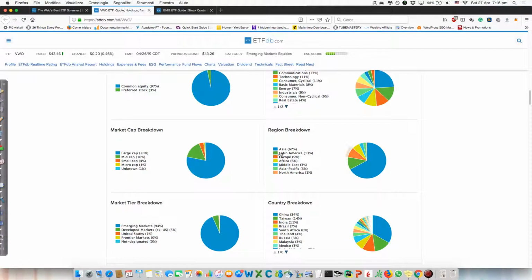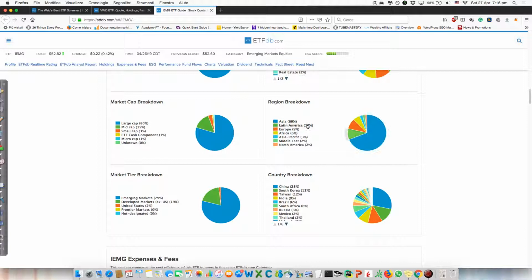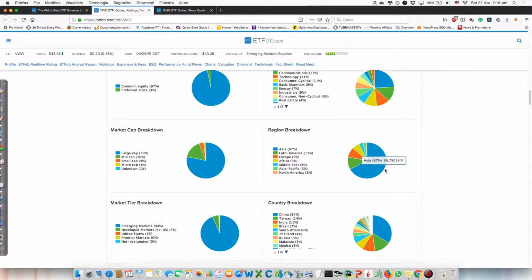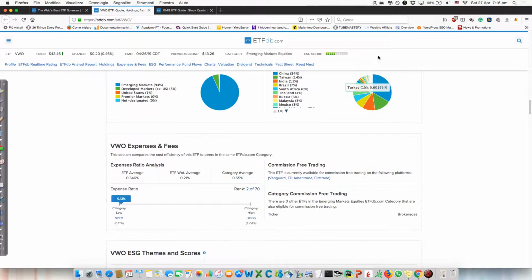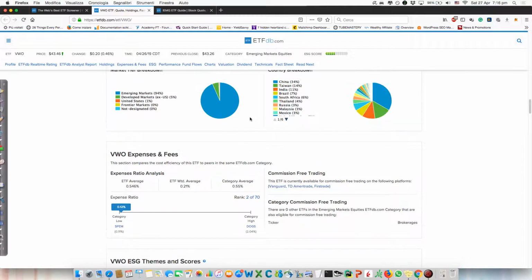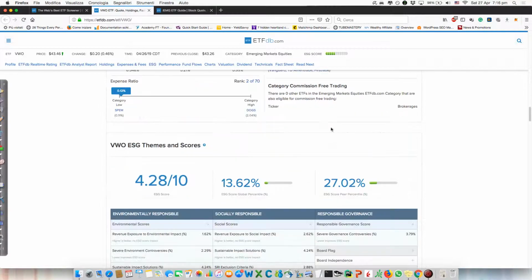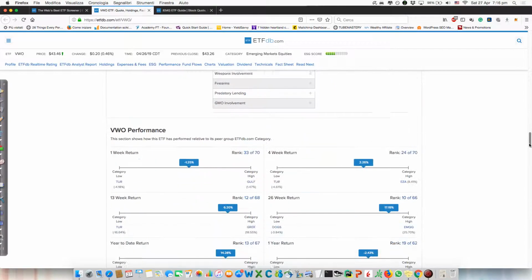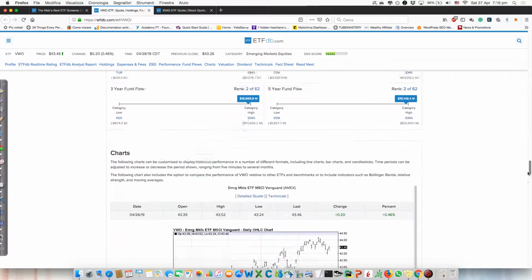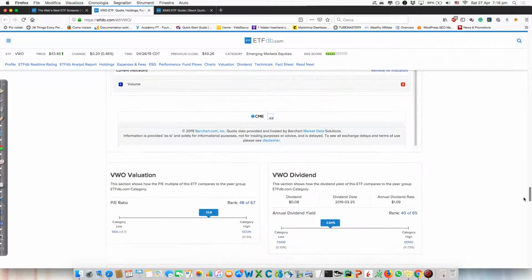Like for example, you see that this one, the VWO, is 67% in Asia, whereas this one is 69%. So you also have to go and check if you are fine with this kind of allocation, but they are quite close. So here we can go down and see, do we have dividends?